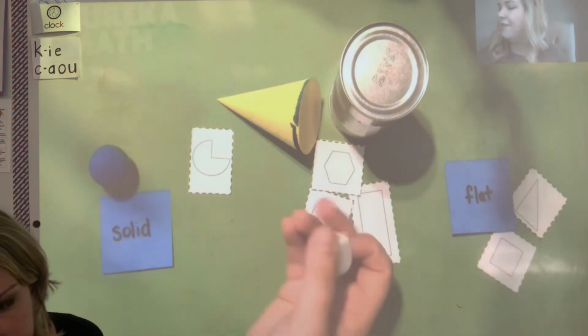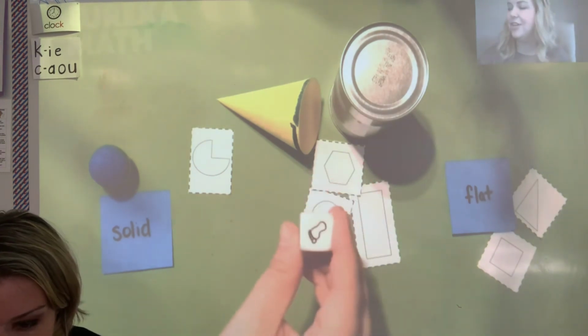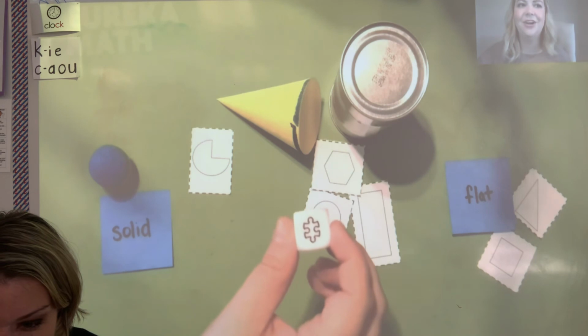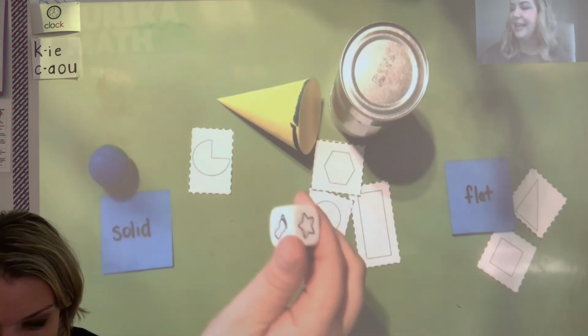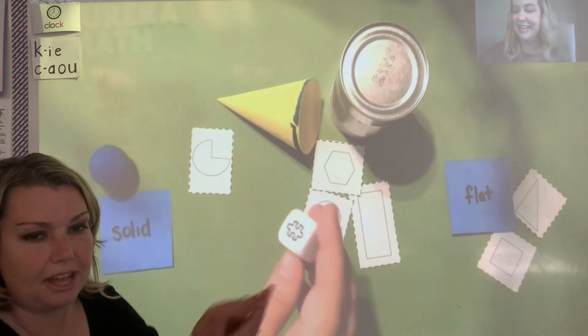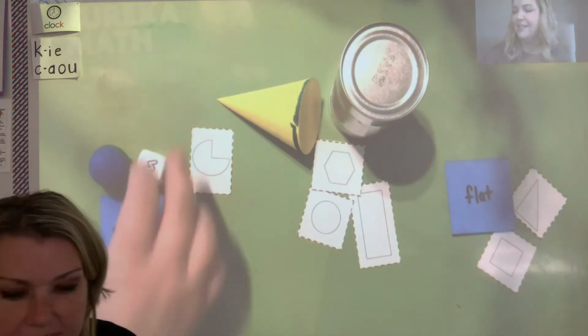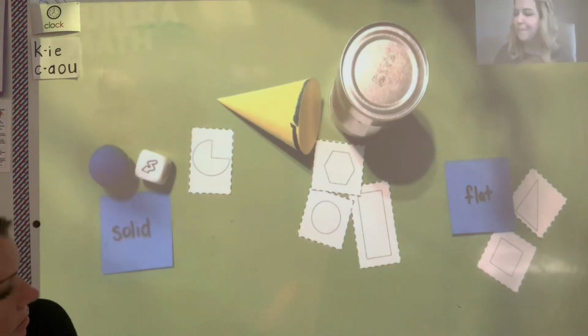But if I move it, and I roll it around in my hand, and I turn it sideways, and I turn it again, is it solid or flat? Solid. This cube is solid. So we'll put it over here.